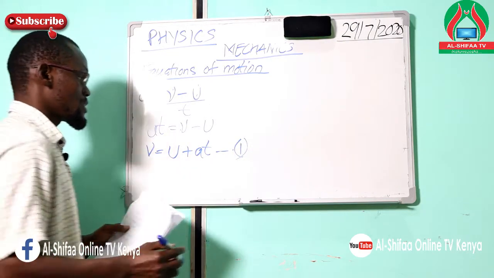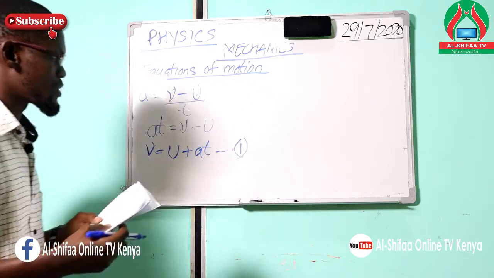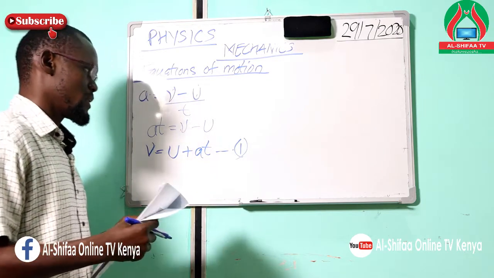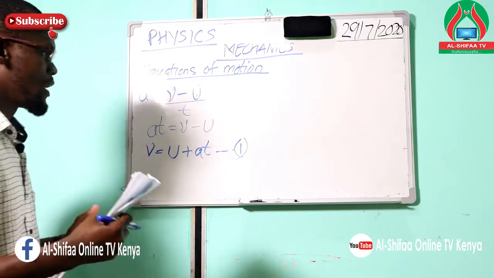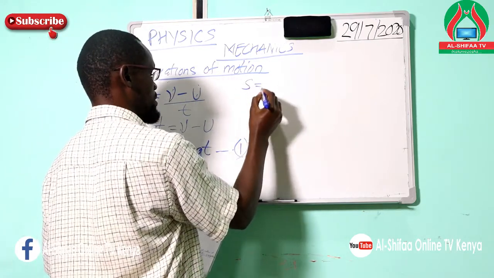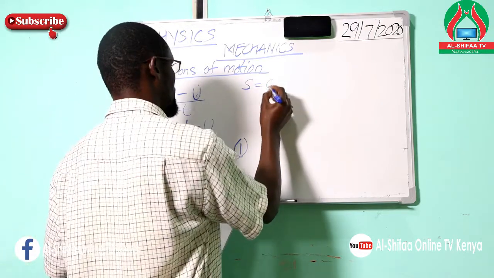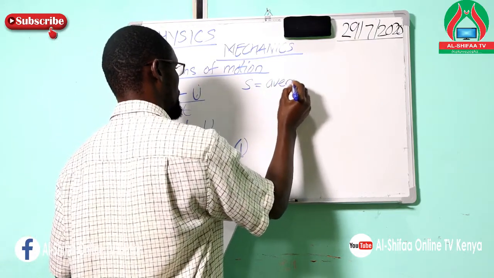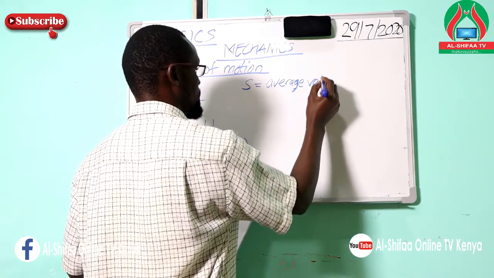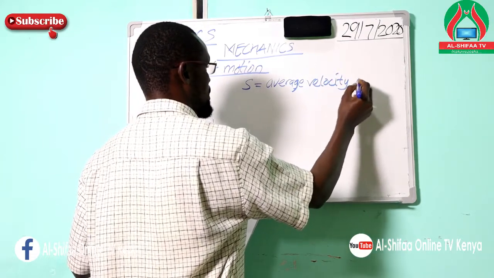Then the second one, from the definition of velocity, whereby we have displacement over time, we get that s, whereby we use s for representation of displacement, is equal to average velocity times time.